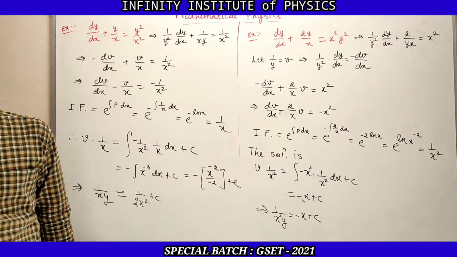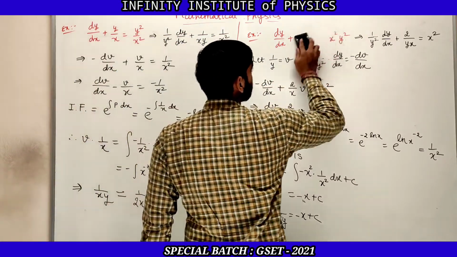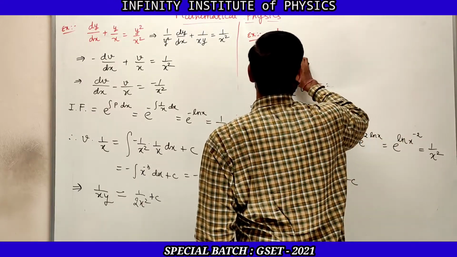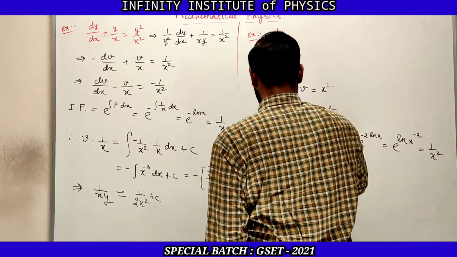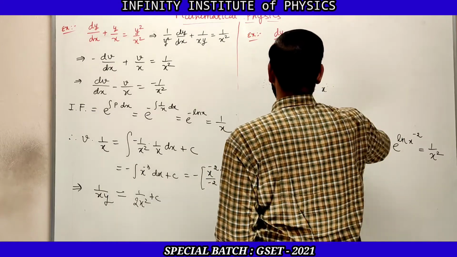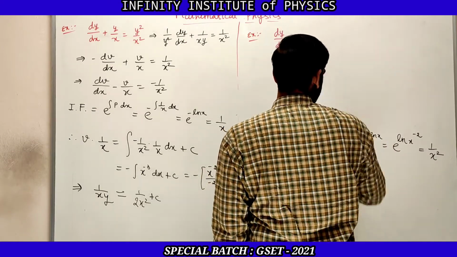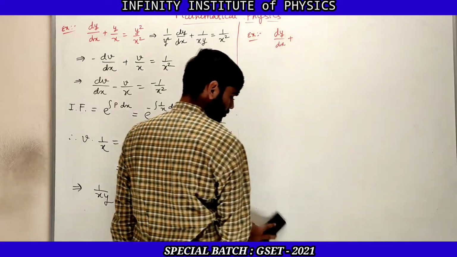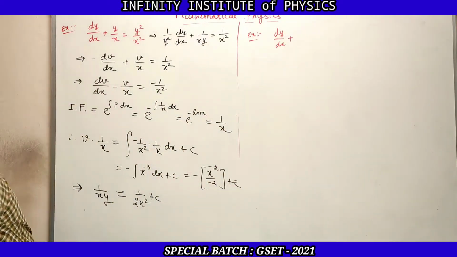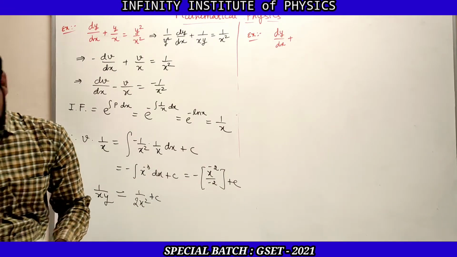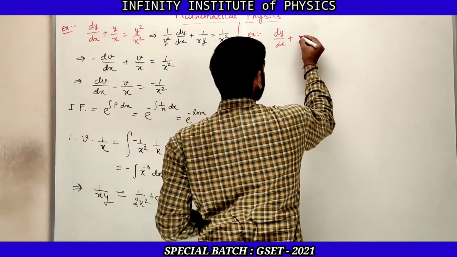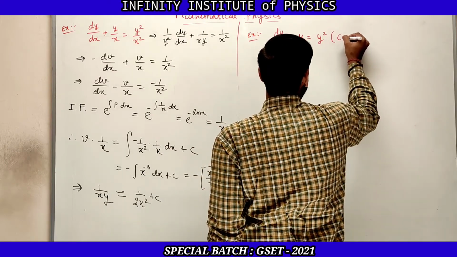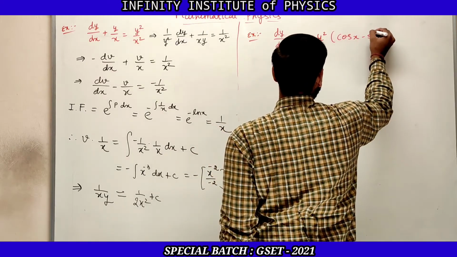So next example. The next example is dy by dx plus y is equal to y square into cos x minus sin x.